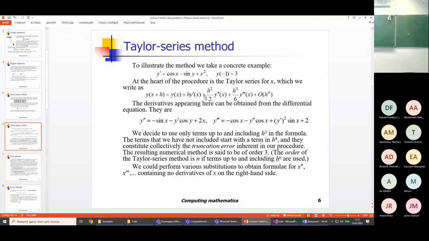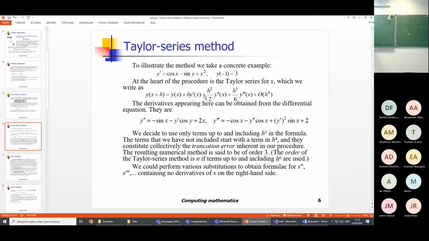This formula, the Taylor series, allows us to compute the value of the function at the point y of x plus h. h is a step. x can be any x. For example, from this table, it can be x number i.